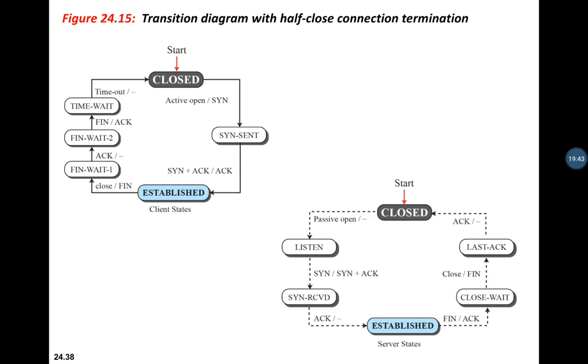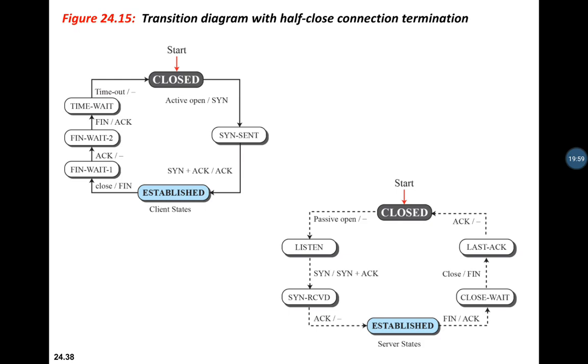After receiving the passive close, the server sends a FIN segment and goes to the last-acknowledgement state, waiting for the final acknowledgement. When the acknowledgement segment is received, the server goes to the closed state.